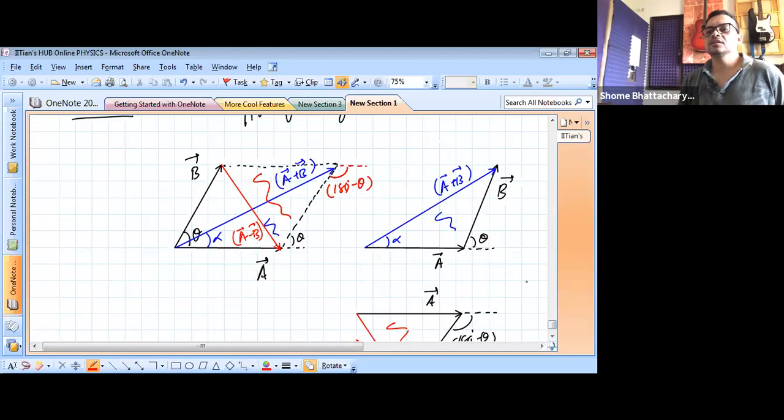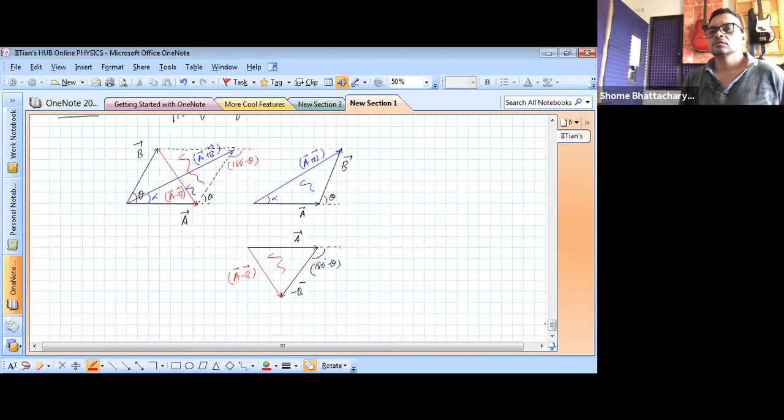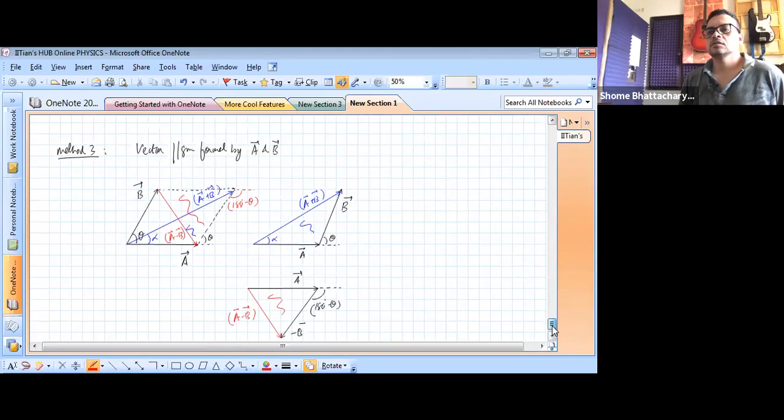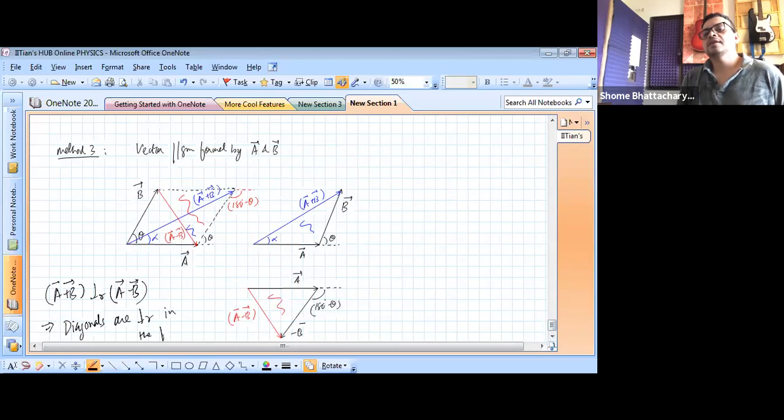So geometrically, you will understand here that if we say A plus B is perpendicular to A minus B, that automatically implies that the diagonals are perpendicular in the parallelogram.